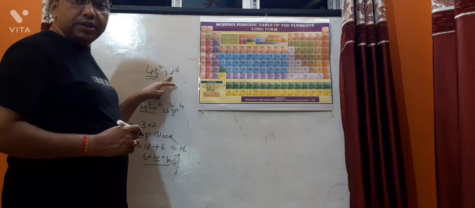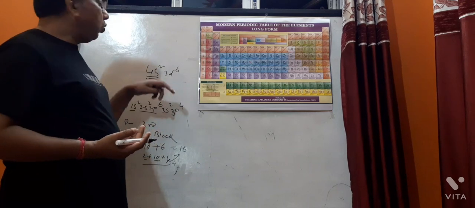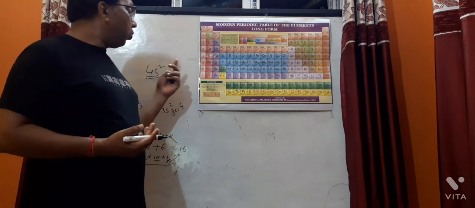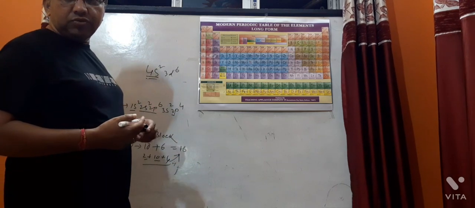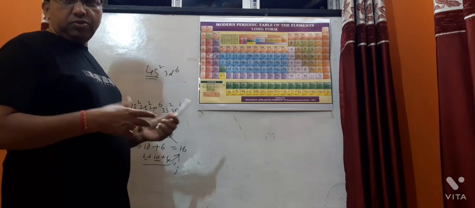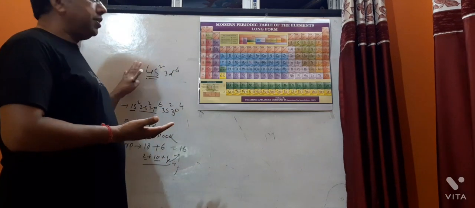The d block. And which group? 2 plus 10, that is 12. Group 12. So it is a d block element situated in the fourth period.